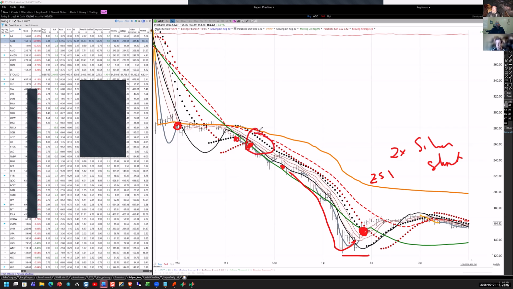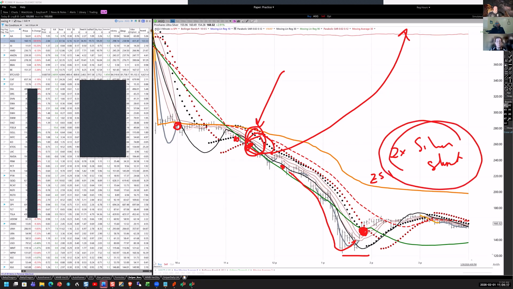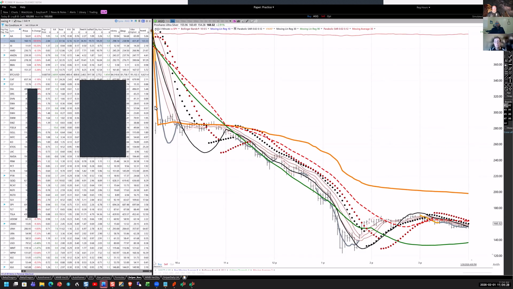Yeah, it was in here. There's a 2x silver short, which is getting ready to break out to the upside. So it's sometimes easier to trade that one. But yeah, anyway, that's the way that trade unfolds with either the R5 or the R10 or the timing.